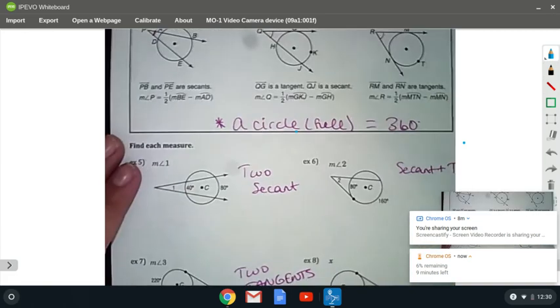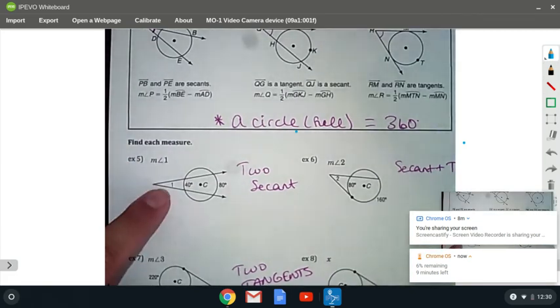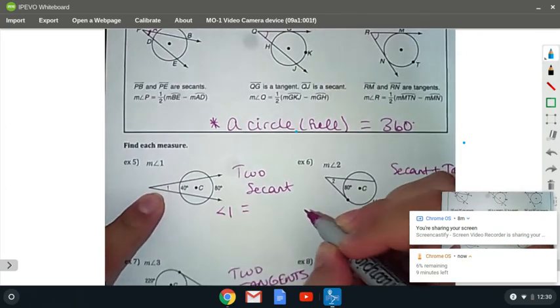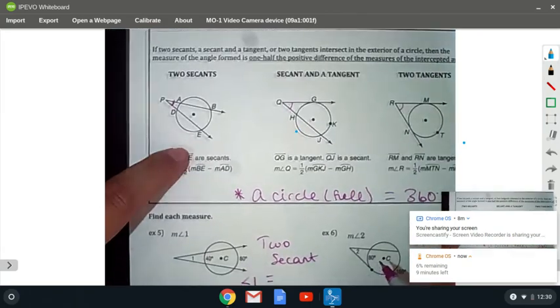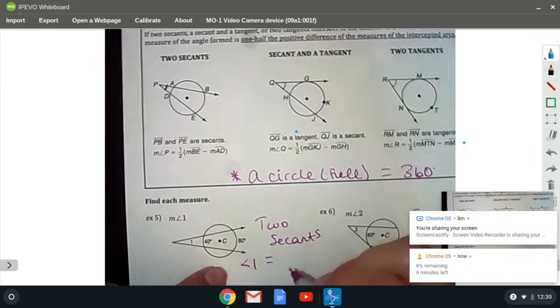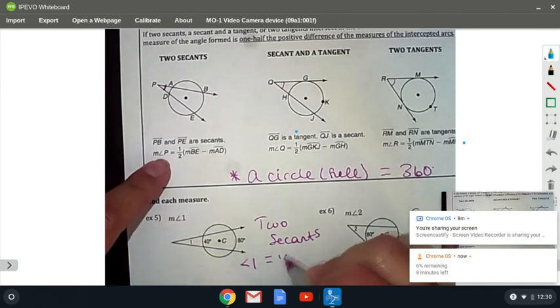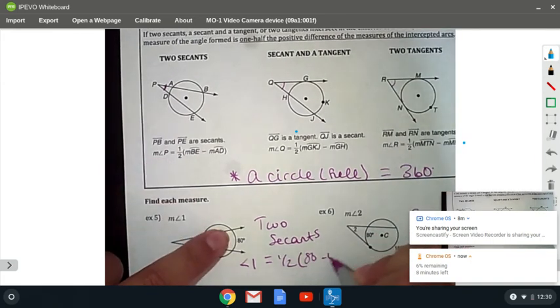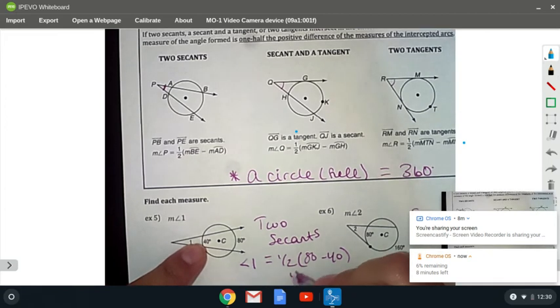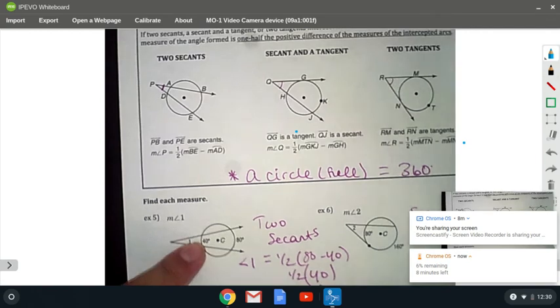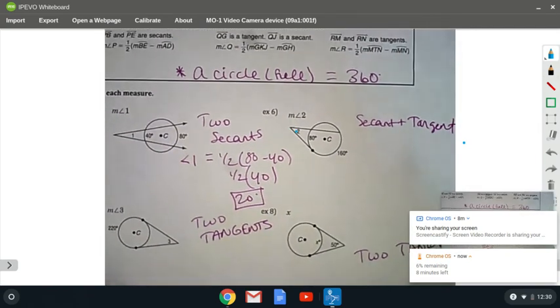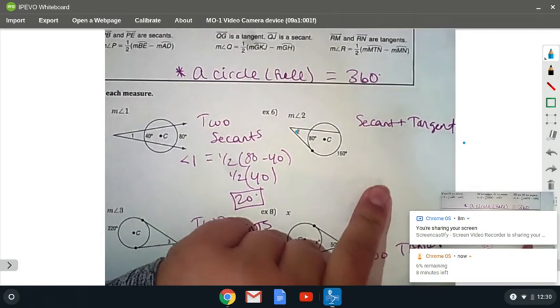All right, now we're ready to solve. To find angle 1 in the 2 secant problem, which is here, I'm going to do half of the bigger arc minus the smaller arc. So that's half of 40, which is 20 degrees. Now I'm going to do this secant and tangent.